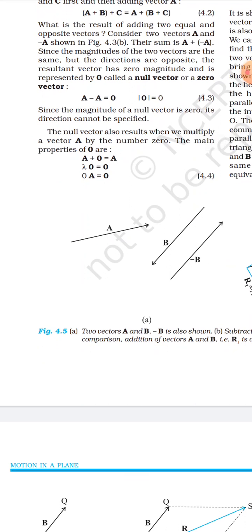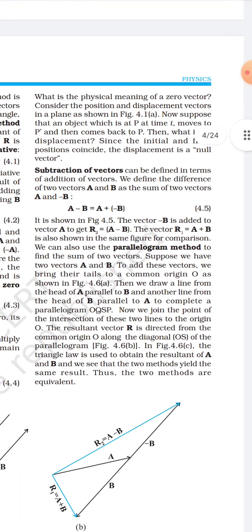Similarly, if you multiply this null vector with any real number, the resultant is equal to the null vector. Or if you multiply 0 by a vector, then the answer will be equal to 0. Now this is about the null vector.